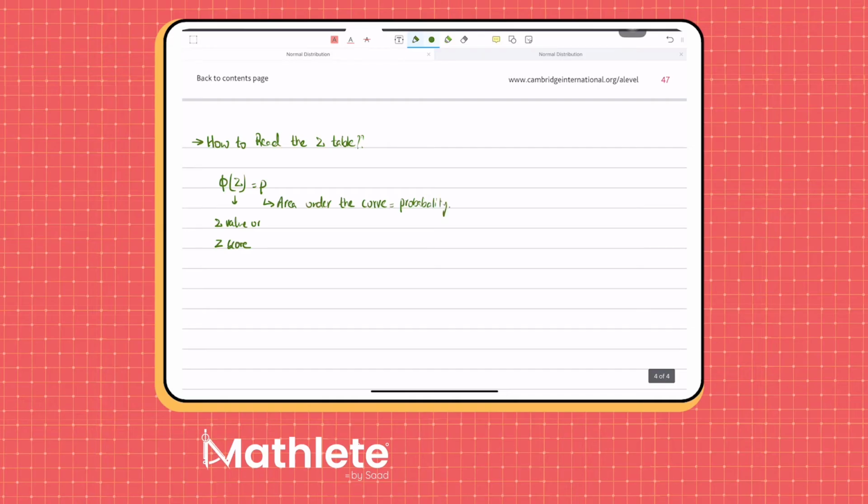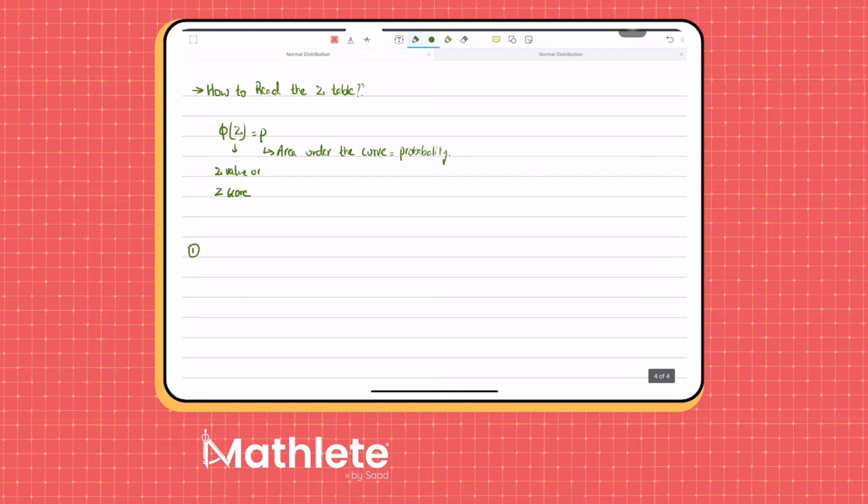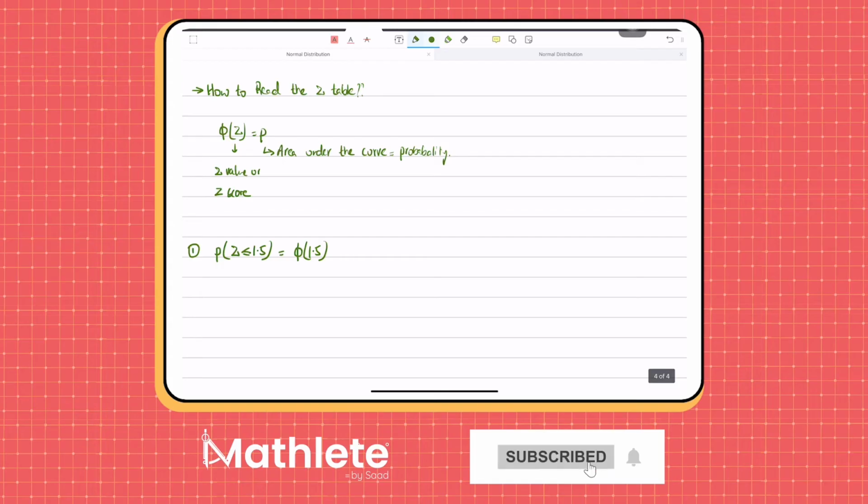All right, now let's say you want to find out the probability. Here's an example. Let's say you want to find out the probability of z being less than or equal to 1.5. What does that mean? That means you want to find out phi of 1.5, or the p value of 1.5.